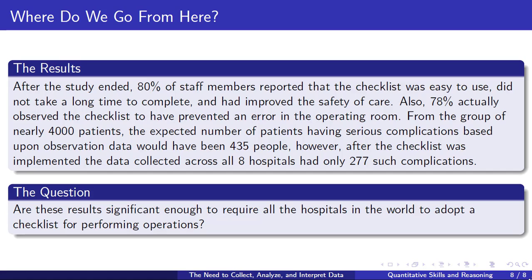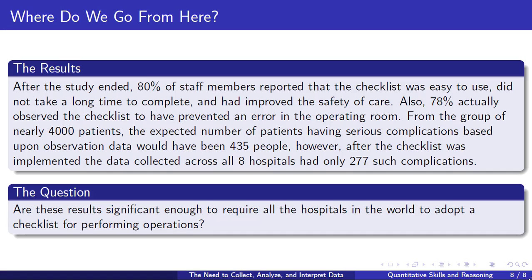So now, here's the question, right? We collected, and now we want to analyze. Are these results significant enough to require all hospitals in the world to adopt a checklist for performing operations? Now, obviously, this is a little bit easier because there is no cost associated with a checklist, right? But sometimes businesses and people, there's a cost associated with this too.